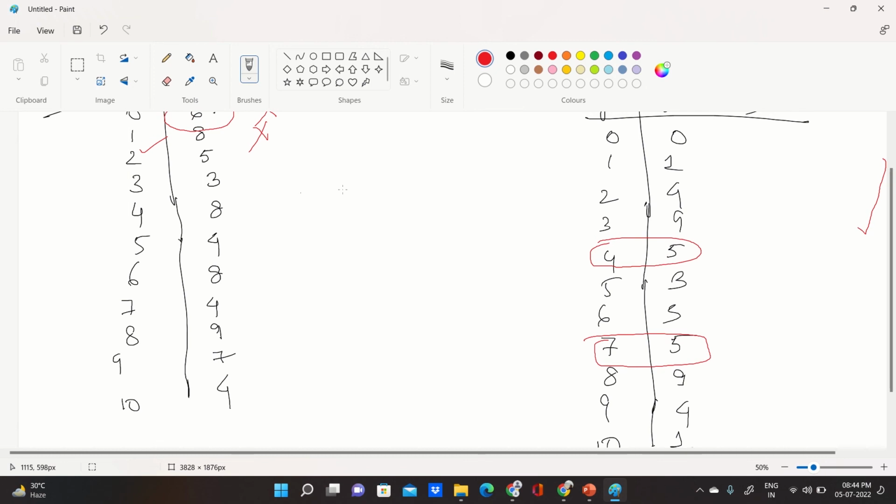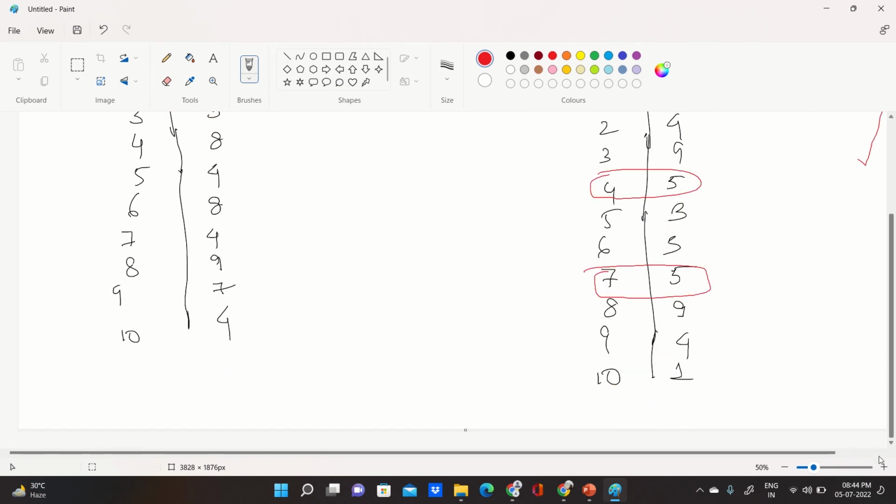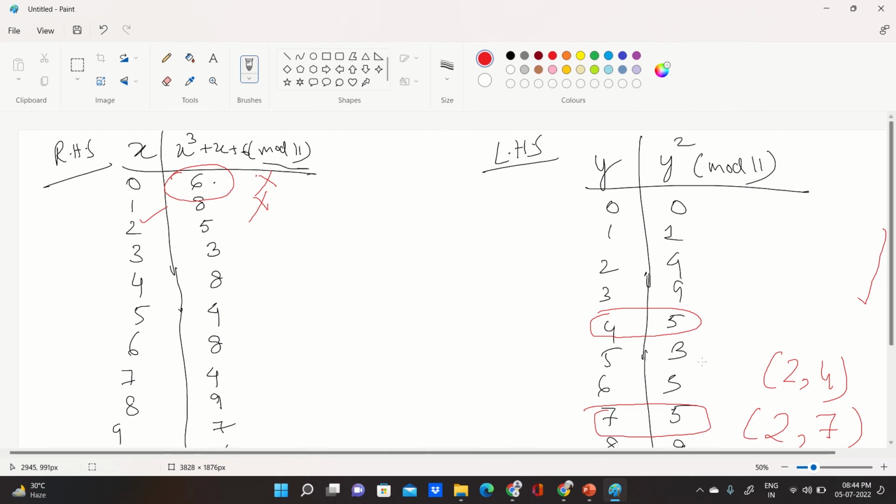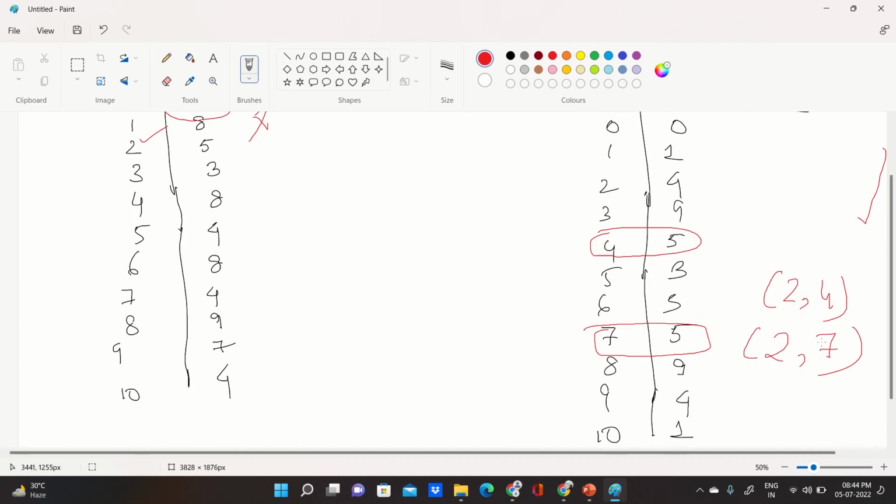So what I'll write is simply the points like this: it would be (2, 4) and (2, 7). I hope it's very clear. I've just written the x's value 2 once, and I have two y's values for the same x's value, 4 and 7. I hope it is very clear to you guys.